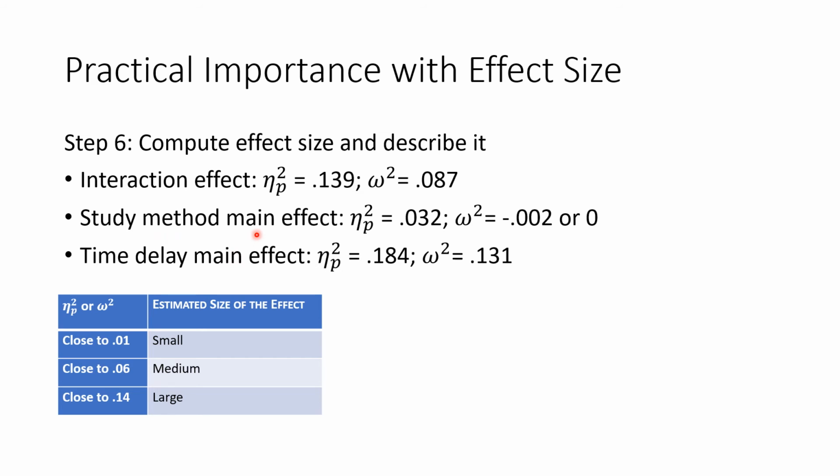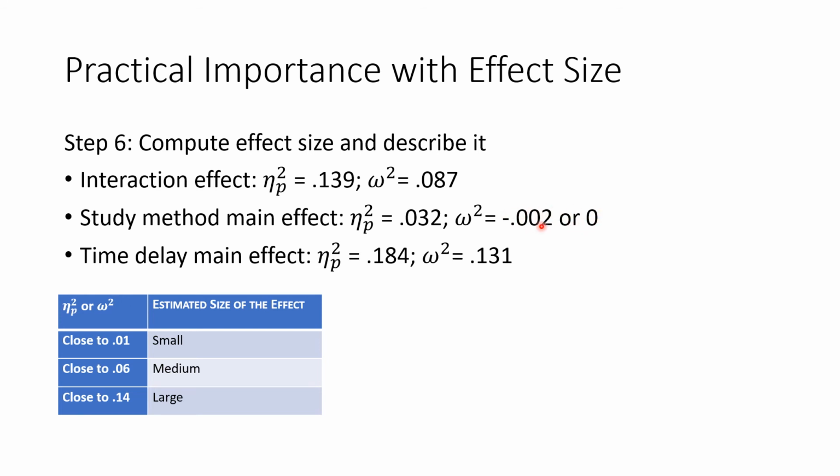The study method effect, omega squared is giving us a negative value when we compute it. And when you get a negative value, a lot of times computer programs might compute it as 0 or report it as 0 because logically it doesn't really make sense to talk about a negative effect in this context, in omega squared context.